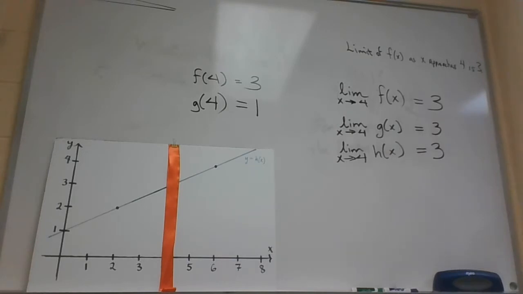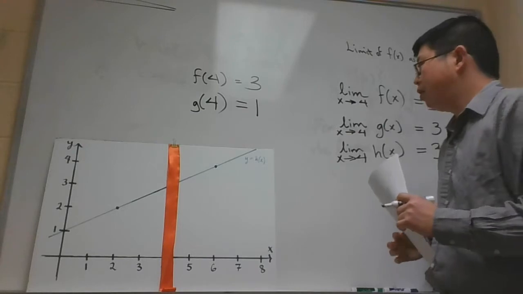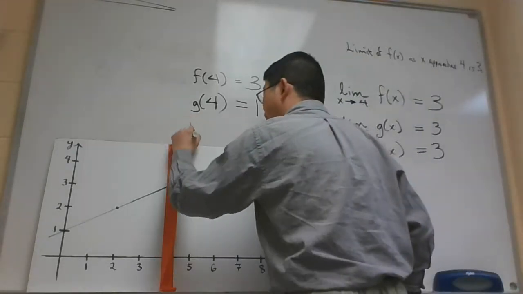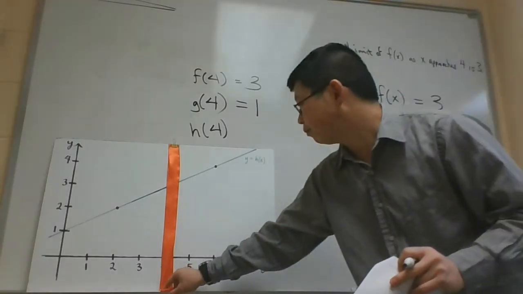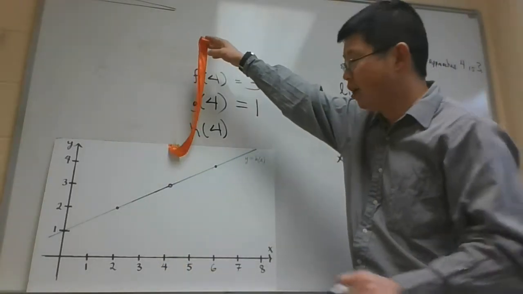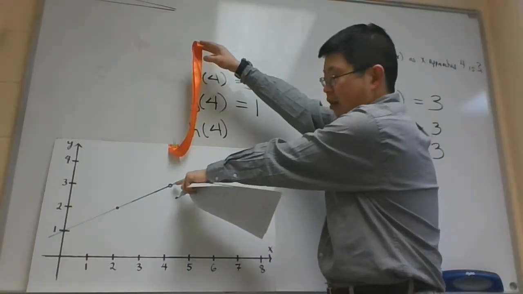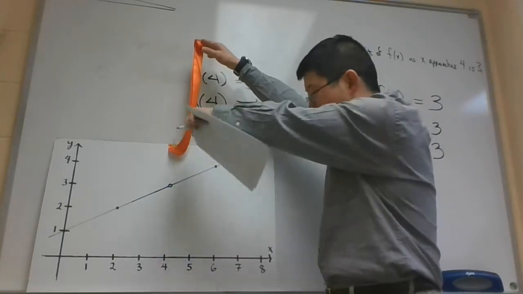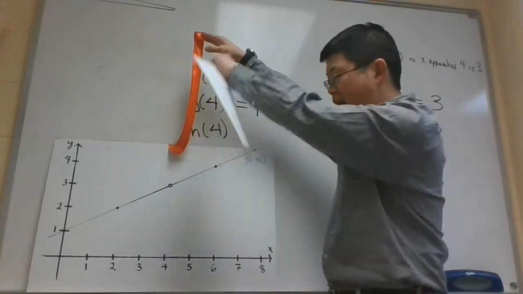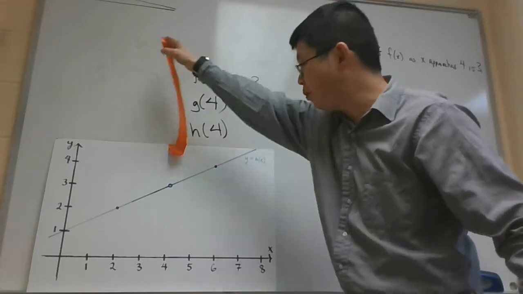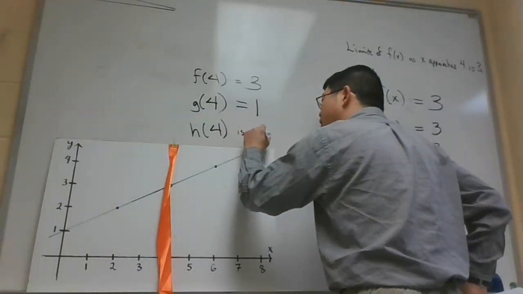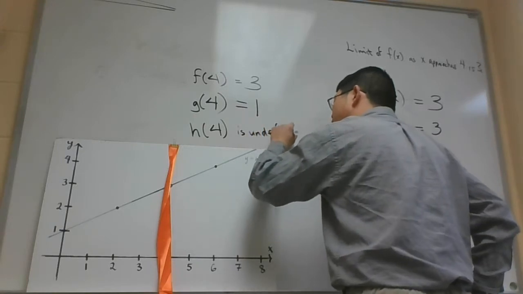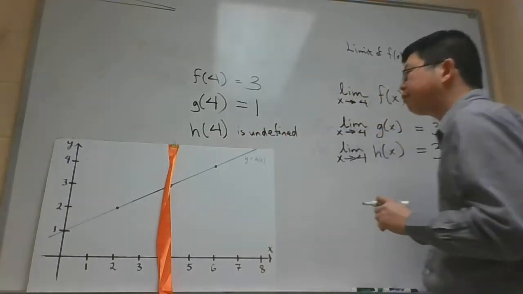And what about the actual value? The actual value, there's none. So there's this unfilled point right there. There's actually no point all along this vertical line when x is equal to 4. So there's no point at all. So this is undefined.